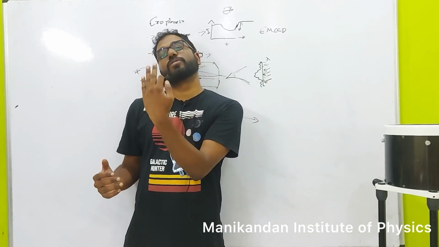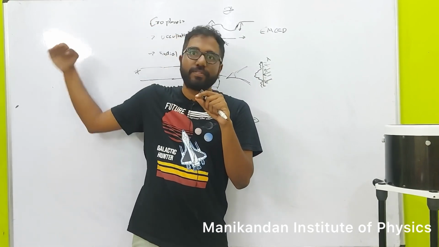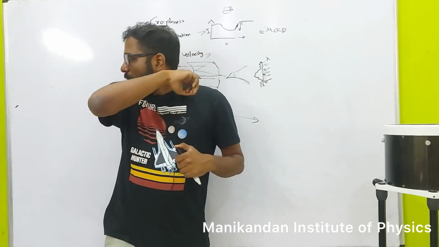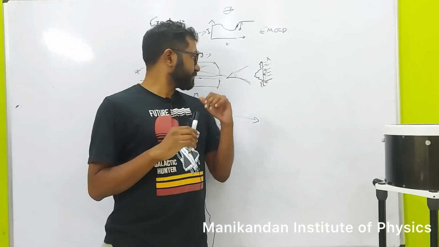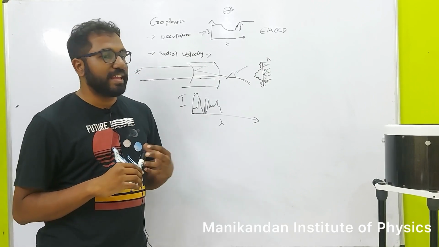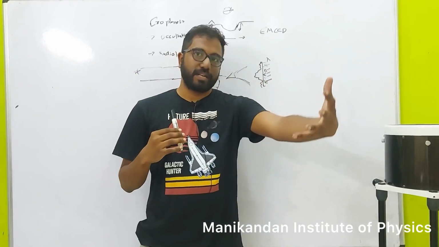As it approaches you, the frequency of the horn goes up, and as it goes away from you, the frequency of the horn goes down. From this you can identify, is it approaching you or is it leaving you?